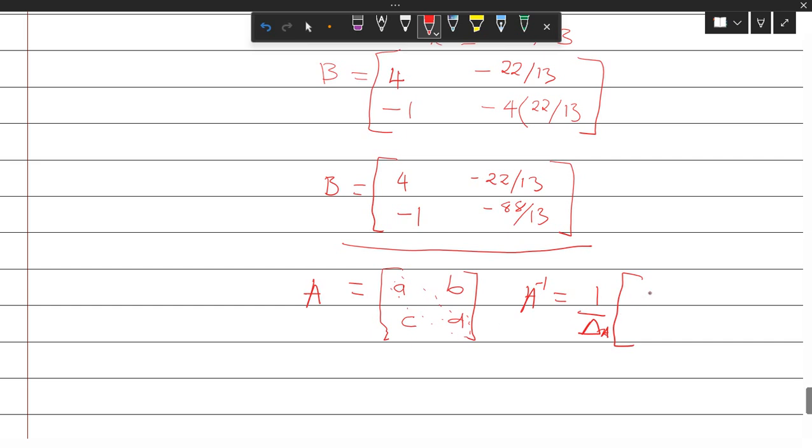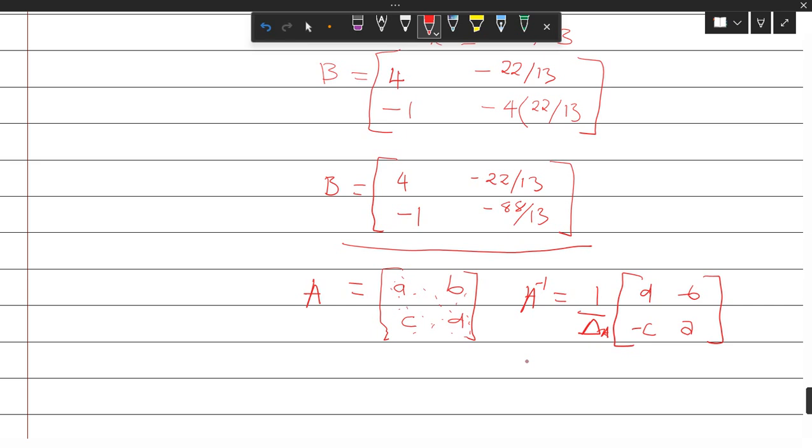So here you have D, then here you have A. This is the major diagonal. For the minor diagonal, you multiply by negative 1. So this will be negative C, and this is negative B. This is how you find the inverse.